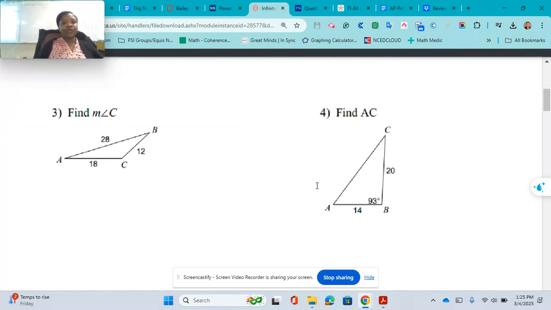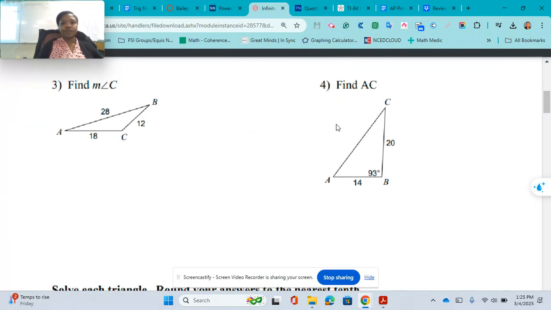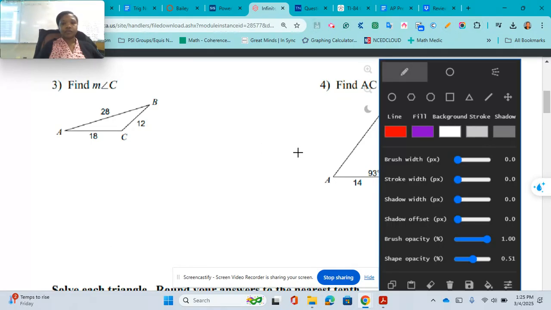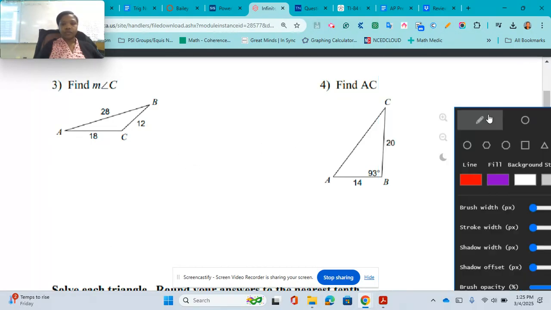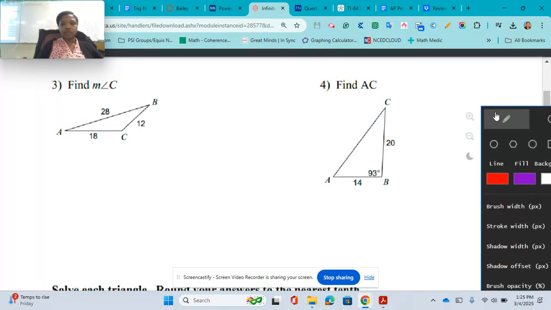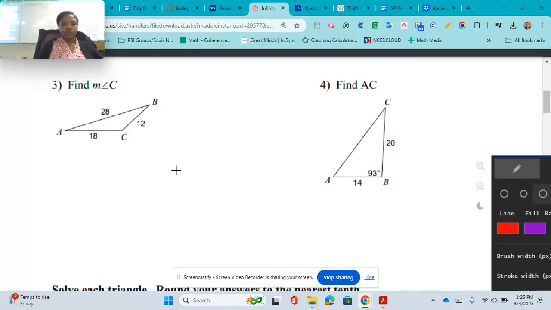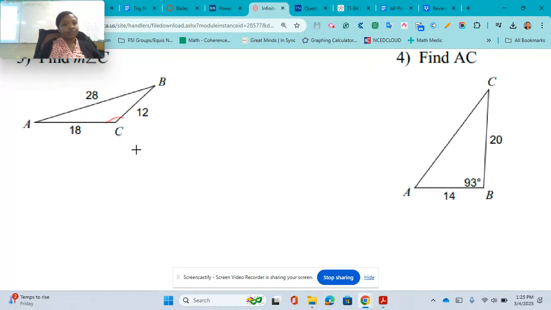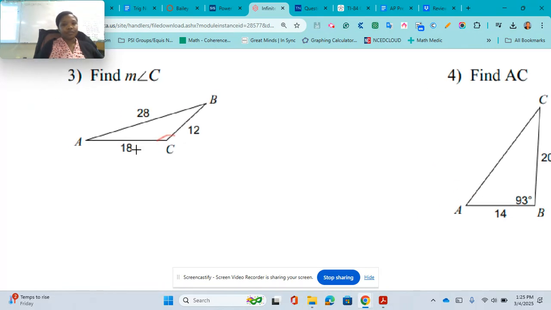Now we're going to number 3. All right, for number 3, we are looking for the angle C. And first, we want to see if we're able to use the law of sine.